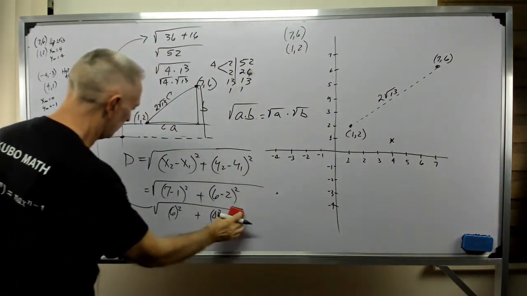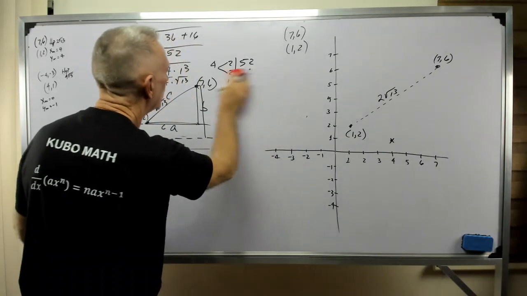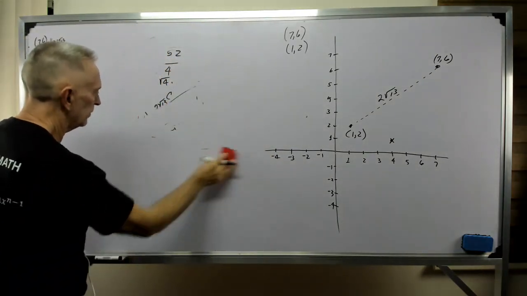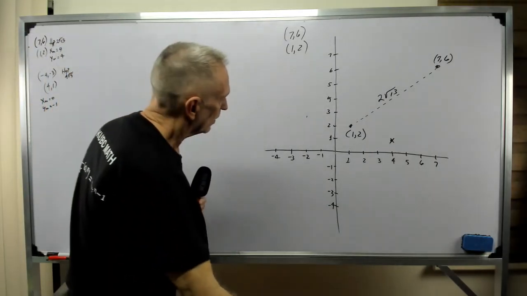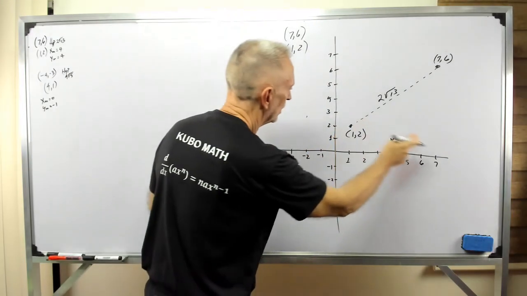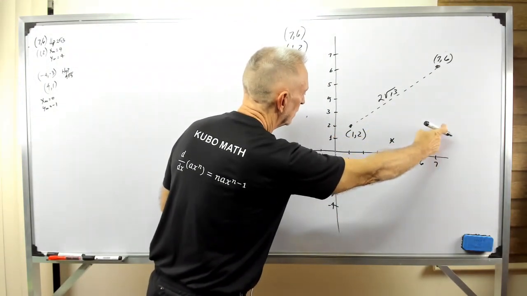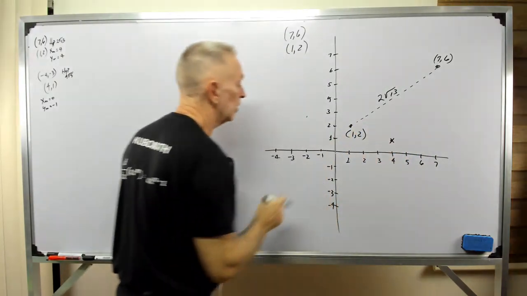What about the midpoint of that line? Well, there's another little formula. If I'm looking at the x term, so I'm looking at 7, out here at 7, then 7 plus 1 divided by 2.